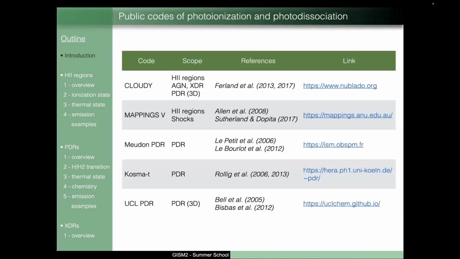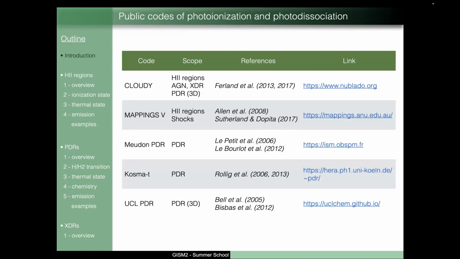Next message, which is important, is about the codes dedicated to the study of photoionized and photodissociation regions, okay? Maybe you know that, but over the years, there have been several codes developed by the international community dedicated to the study of photoionized and photodissociated gas.